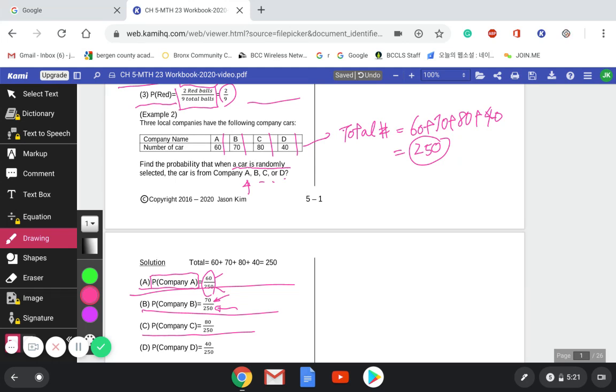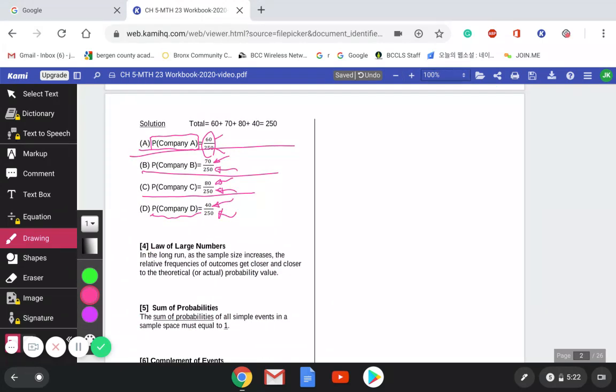That would be 80 cars from company C out of 250, as well as 40 cars out of 250 for the probability of a car belonging to company D. So that's how you do it. Single event probability is not that bad. Just make sure you get the total number of events and then the individual number for each case.